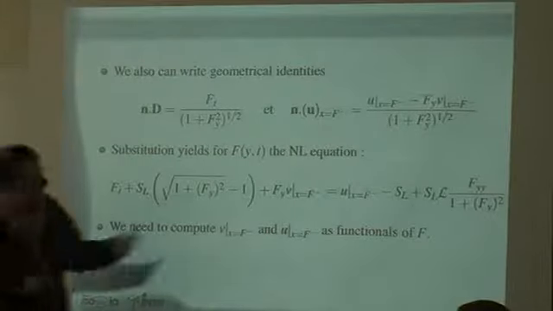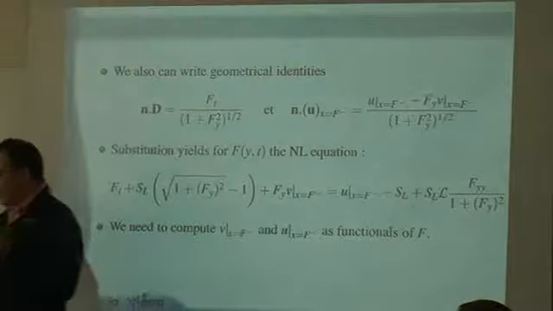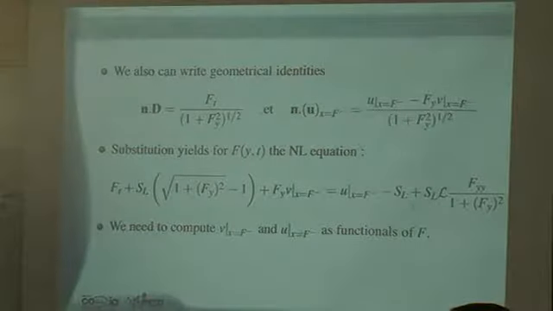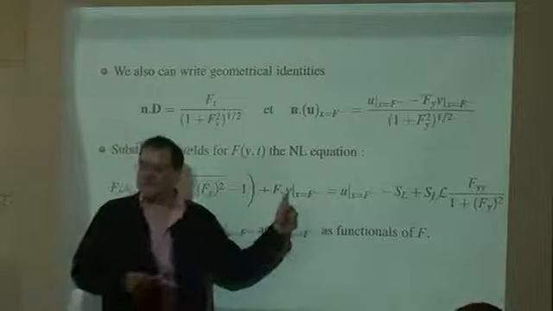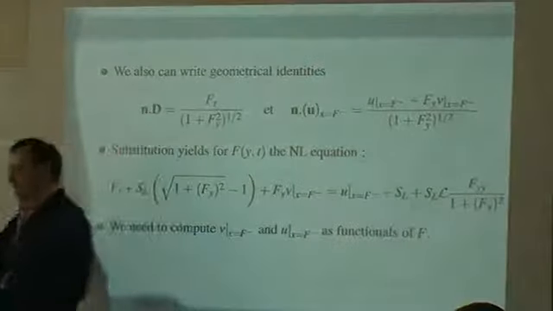U and V are the components of the flow, V in the y direction and U in the x direction. Exactly. Now I need to solve for this U and V as functionals of f. That's why I'm doing an expansion.